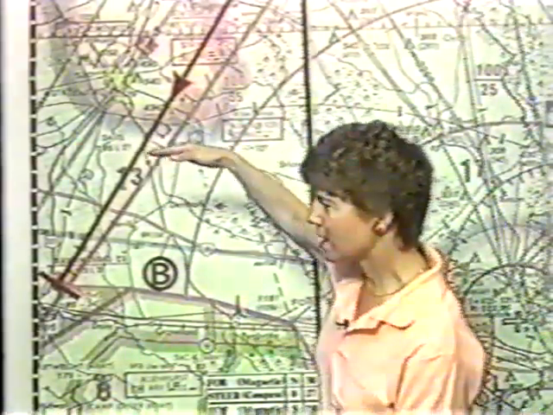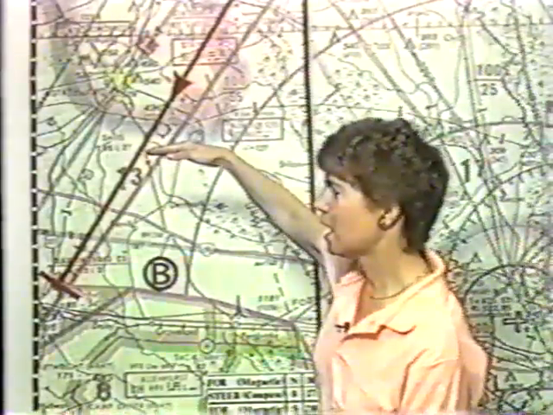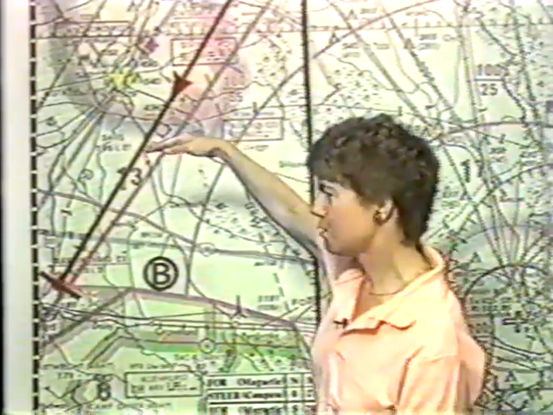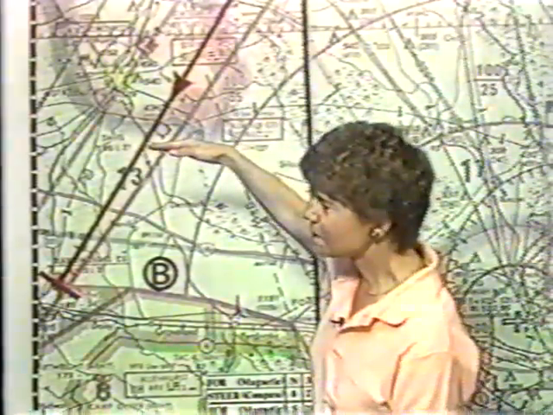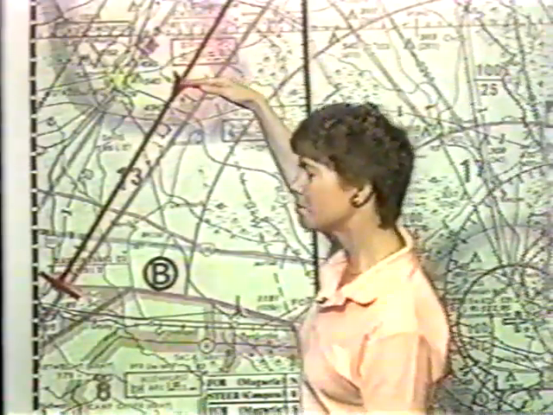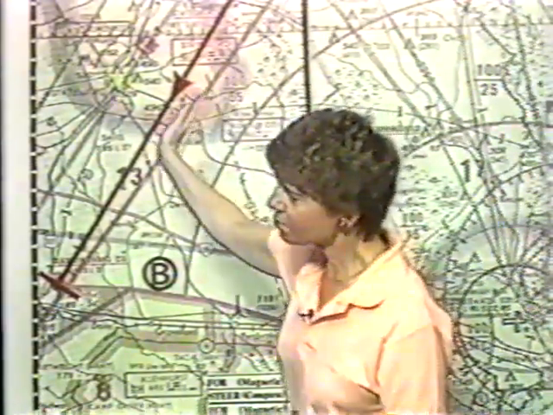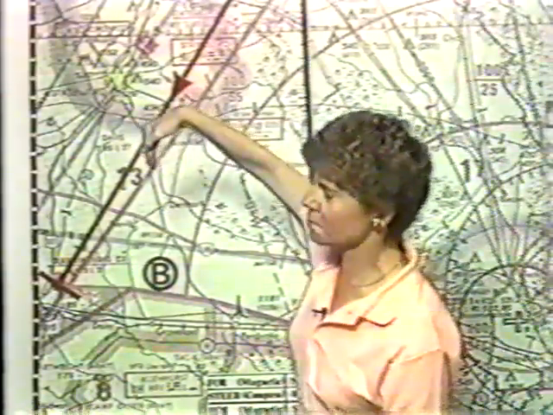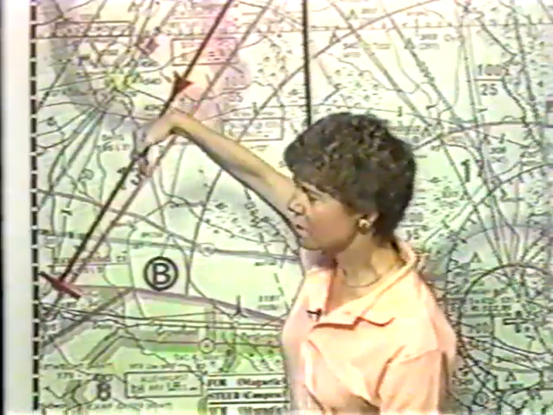Okay, we've got a wind from the east. What that's going to do, it's a little bit of a tailwind, so it's going to speed us up a little bit. You can see that it's going to give us a little bit of a push, although not much. And because it's going to try and push us off course to the west, we're going to have to crab a little bit to the east in order to compensate for it, a little bit to the left.